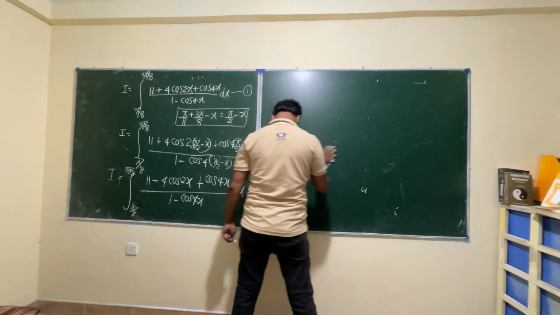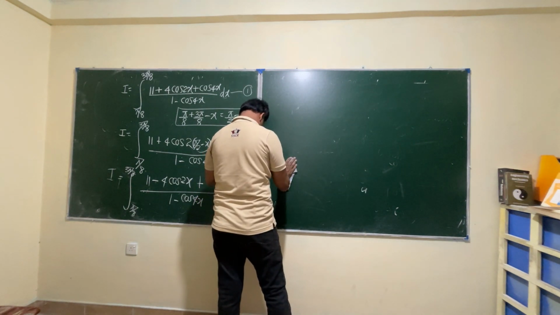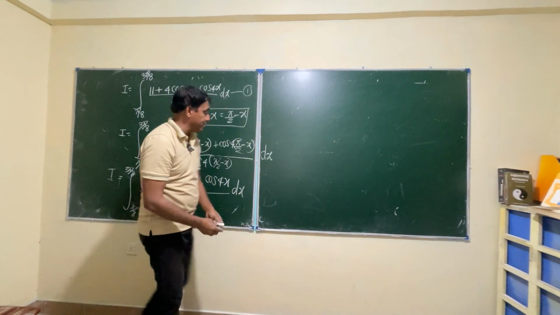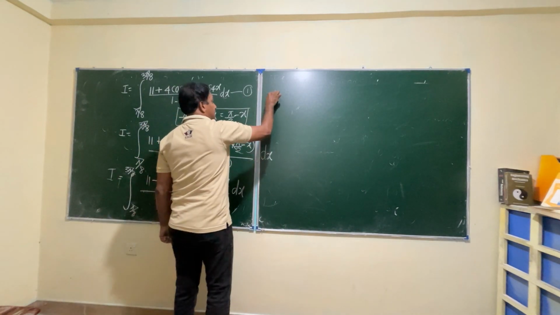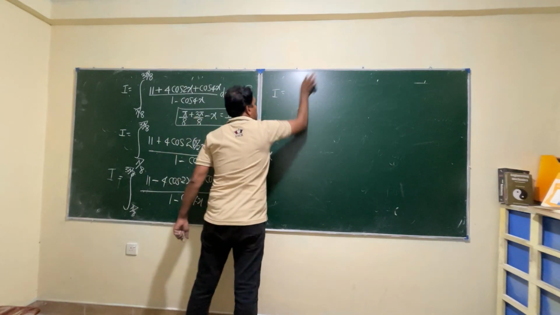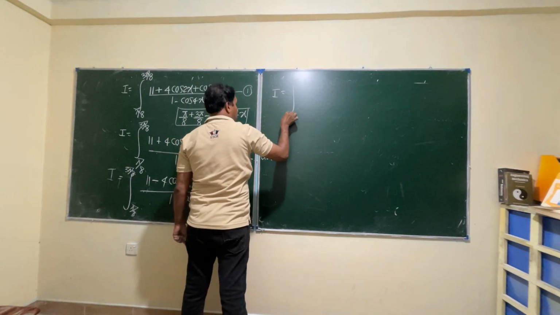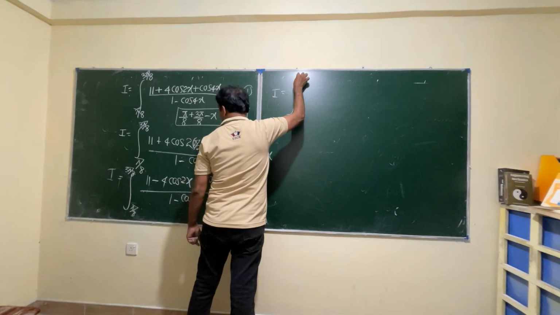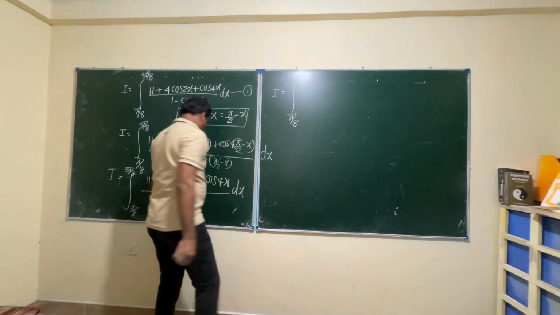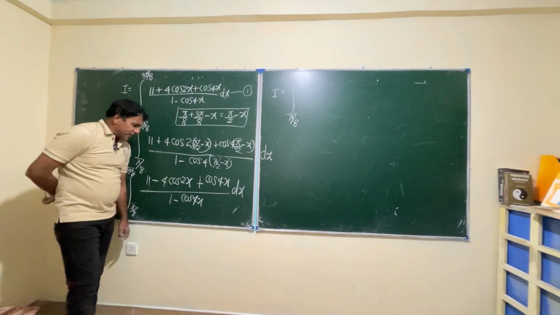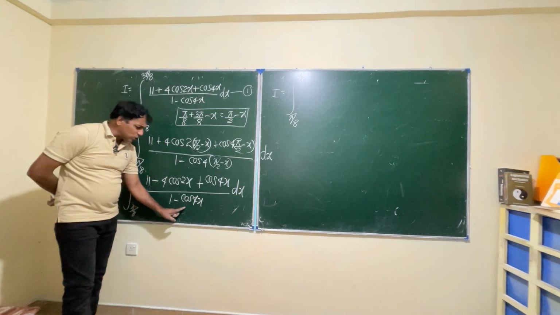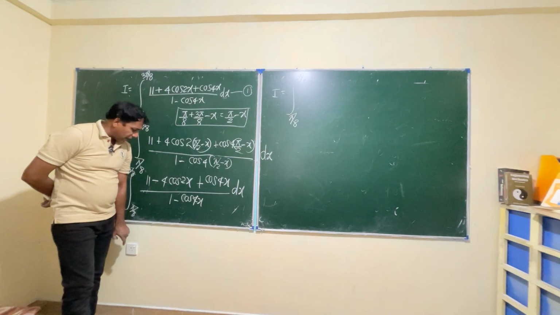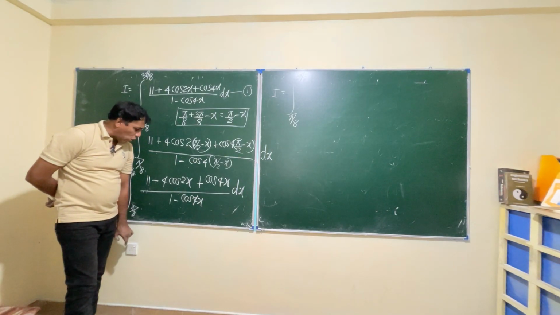So the main part is the use of the King's rule, using the King's rule is the main part of this answering. Therefore, second case, I equals the integral from pi by 8 to 3 pi by 8. Now I try to convert here 1 minus cos 4x. Can I rearrange it into that form?